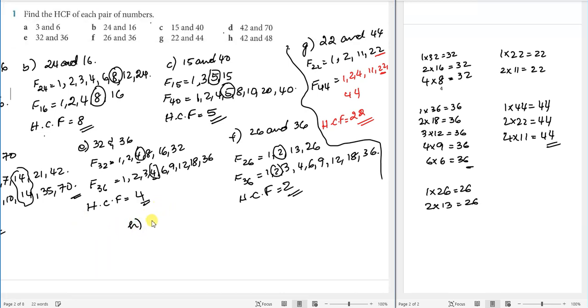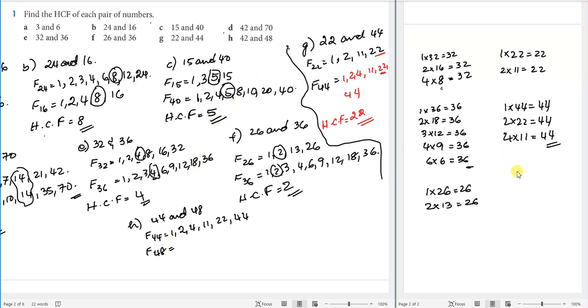H, we have 44 and 48. So F44 is equal to 1, 2, 4, 11, 22 and 44. We have F48 is equal to, have we done 48 anywhere?